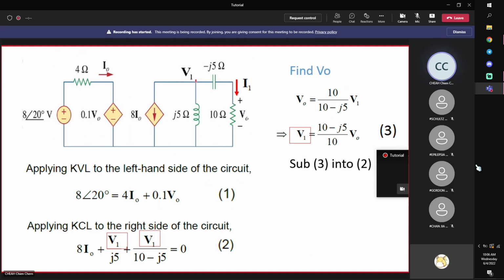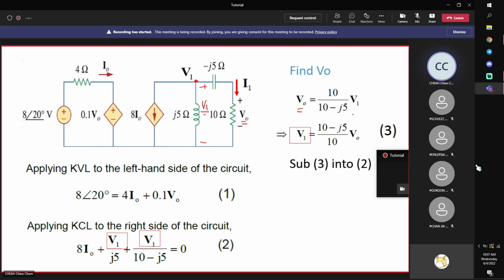The voltage across here is V1, and V0 is a portion of V1 according to the ratio of the impedances: Z1 divided by Z1 plus Z2, multiplied by V1.